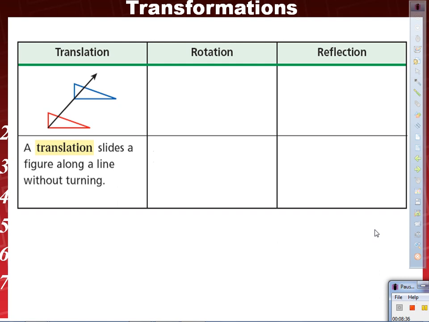But to do a rotation, I'm not just going to rotate the letter by itself. I'm going to rotate using a certain specific point, which is called the point of rotation, the center of rotation. I'm going to use my elbow as the center of rotation. Here's my elbow.